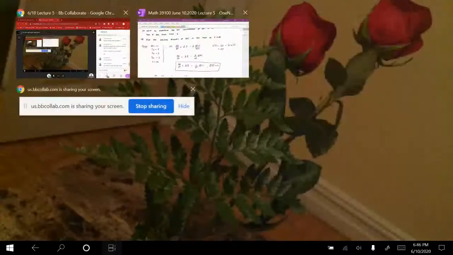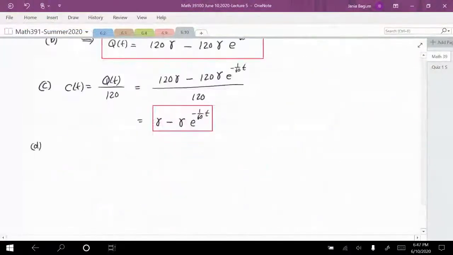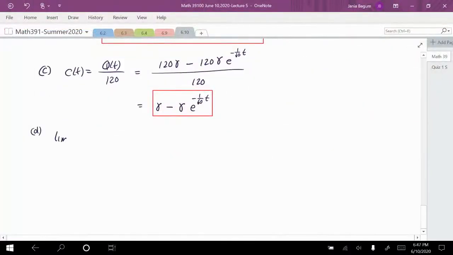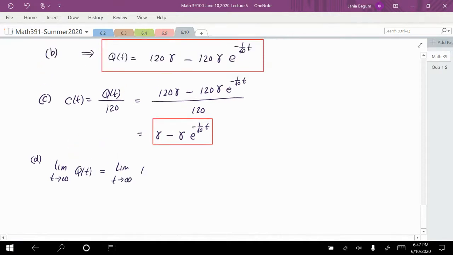So thank you, Sadia. So we take the limit as t goes to infinity of Q of t. So that's going to be the limit as t goes to infinity of 120 gamma minus 120 gamma e to the minus 1 over 60 t. So what is this limit?